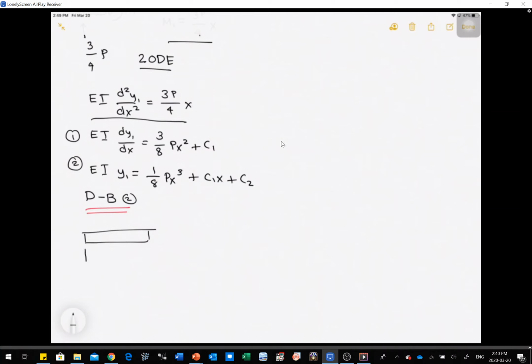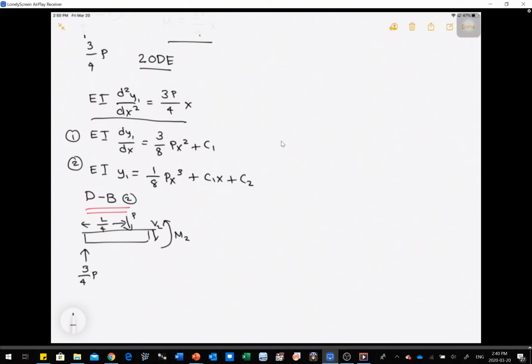From point A, we have 3 over 4 P. We have our P, which acts at L over 4. And then we have our shear, and then we have the moment. We can call it M sub 2.